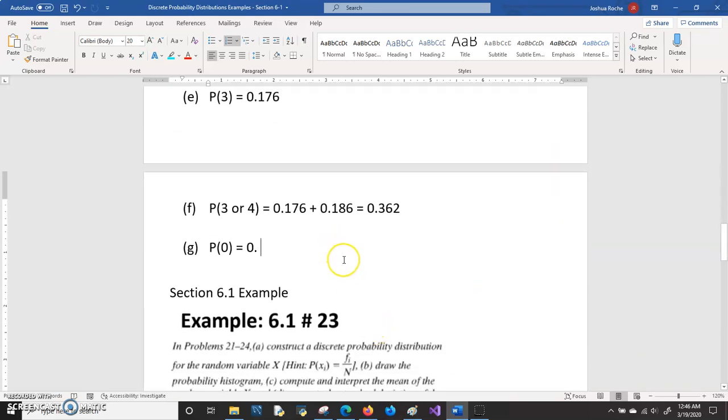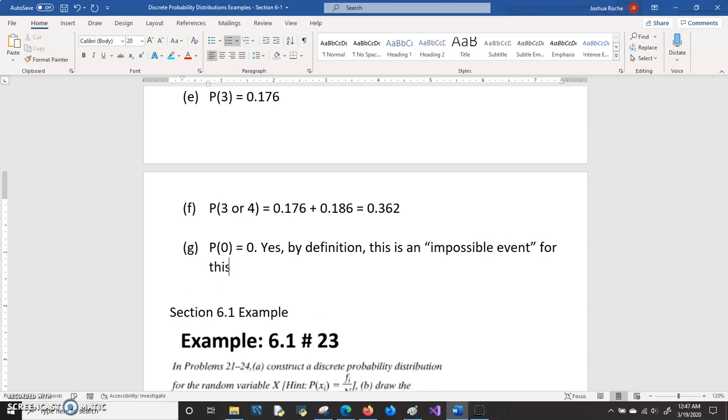So to answer their question, we would say that yes, by definition, this is an impossible event for this sample of households.